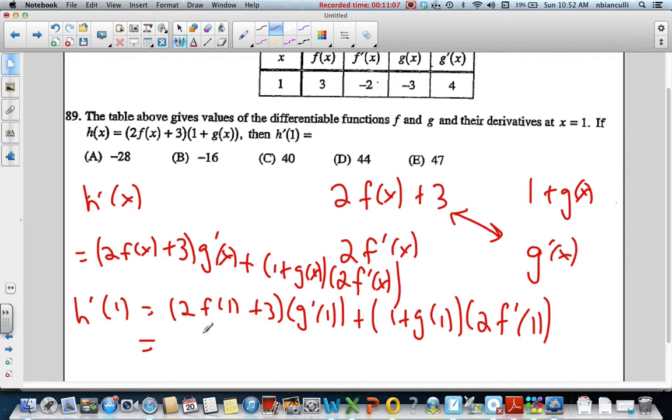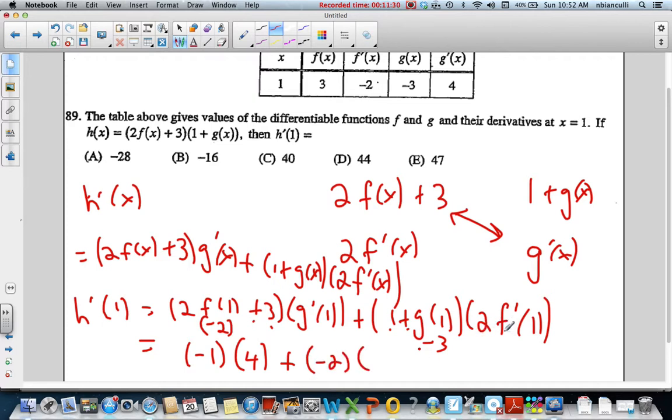Well, f prime at 1 is negative 2. 2 times negative 2 is negative 4, plus 3 is negative 1. g prime at 1 is 4, plus 1 plus g of 1. g of 1, consequently, when the chart is negative 3. 1 plus negative 3 is negative 2. Times 2 times f prime at 1.